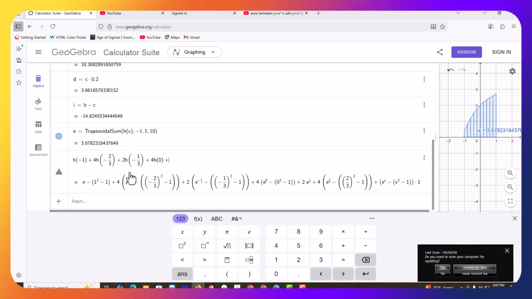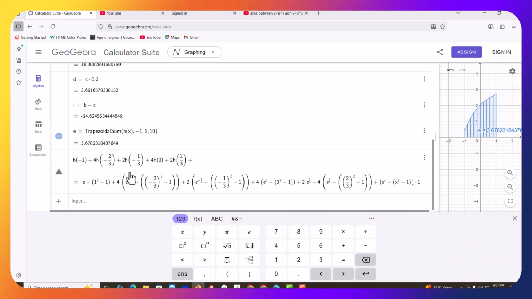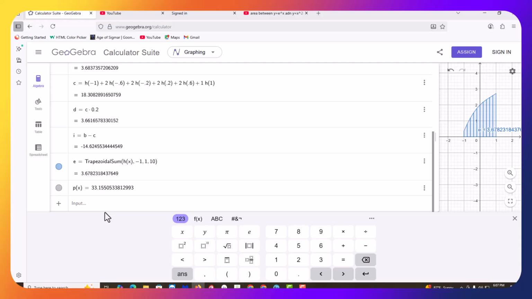Plus, now we're back to 2 times the function's value at a third. Now we're going to add 4 times the function's value at 2/3. And then finally, 1 times the function's value at 1. Okay? And we get 33 and some change, so I'm going to write that down.